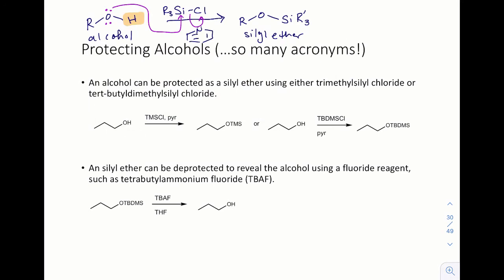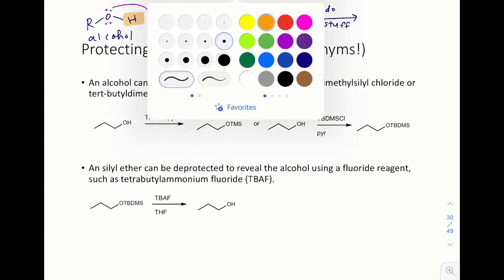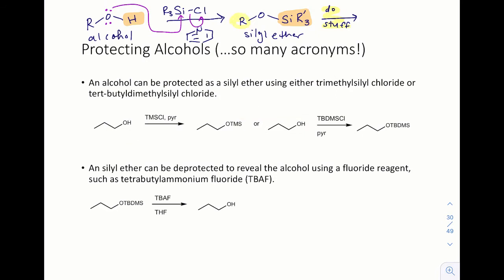So it'll be an SN2 proton transfer, and then we'll have the silyl ether. So now instead of the proton, there's silicon. You're not going to have this issue of oxygen having this mildly acidic proton anymore. So you're going to do stuff to the silyl ether. Let's just write do stuff. But all that stuff that you're doing is going to be happening in the R group, right? The alcohol part will not react.